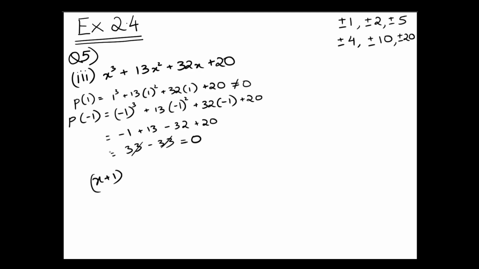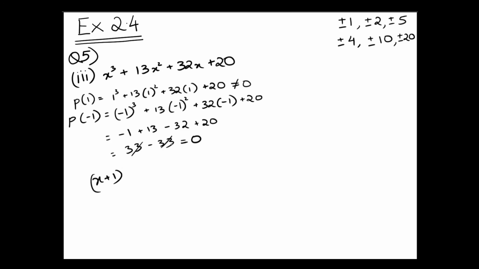Now, one way to go about this is using the same hit and trial method for the other factors and trying to determine if any of them come out to be equal to 0, and then through the factor theorem we can say that one of them will be a factor. But a shorter way would be dividing this polynomial by one of the factors that we have, x plus 1, and getting the resultant polynomial.